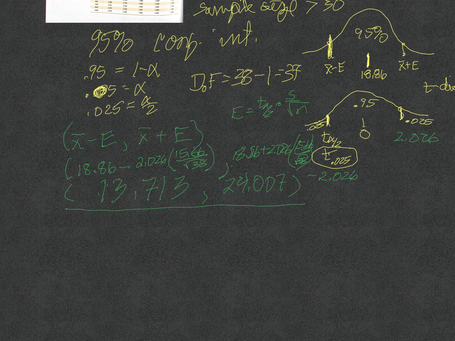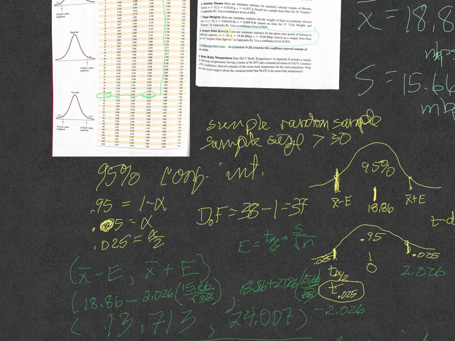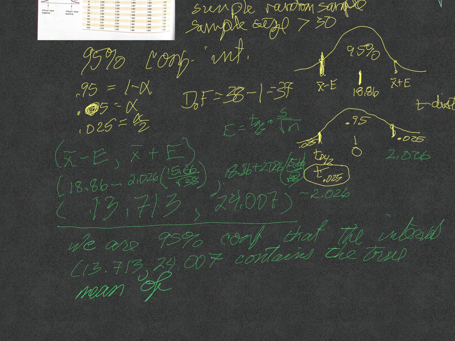So what's our conclusion? Our conclusion is we are 95% confident that the interval 13.713 to 24.007 contains the true mean, and the problem is true mean phone data speed in airports.